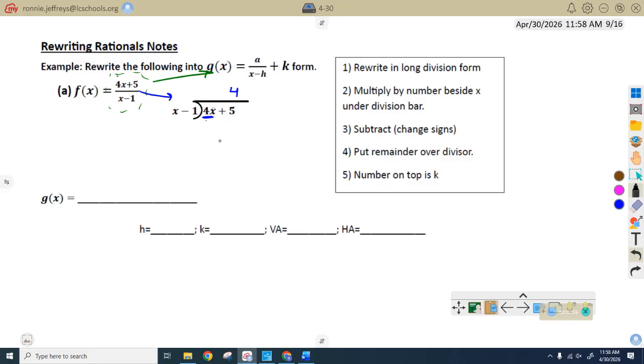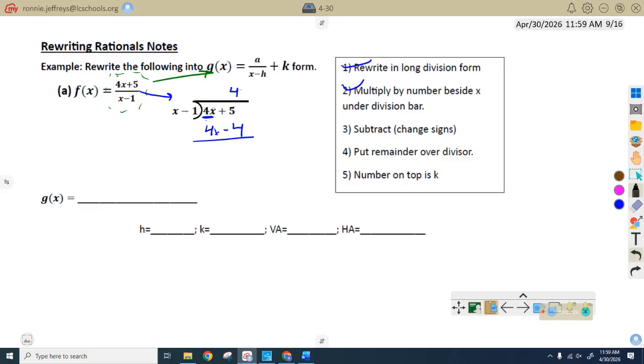Okay. So now we multiply. 4 times x is 4x. 4 times minus 1 is minus 4. All right. So now it says subtract.